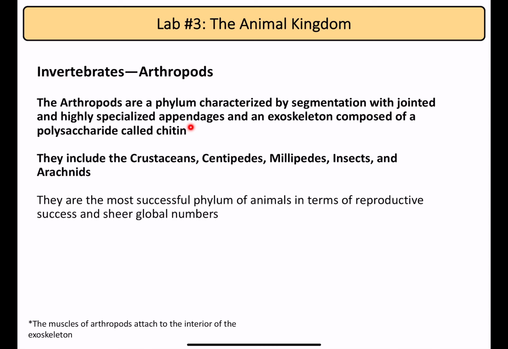So for this phylum, the arthropods, we're going to go a little bit deeper. We're going to look at 5 major classes within the arthropod phylum. And those classes are the crustaceans, the centipedes, the millipedes, the insects, and the arachnids.